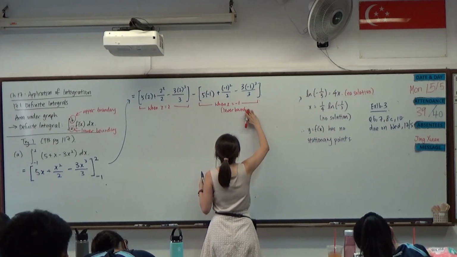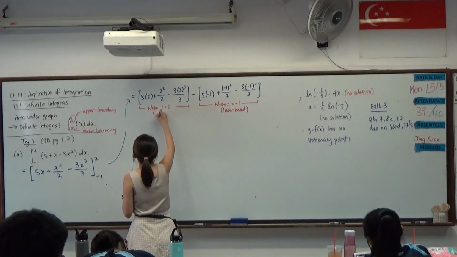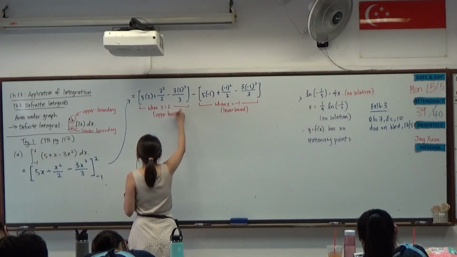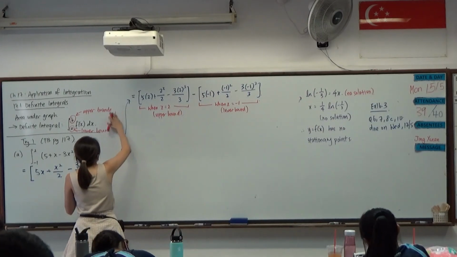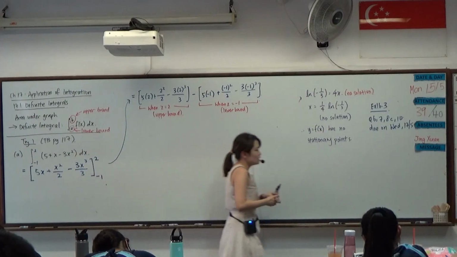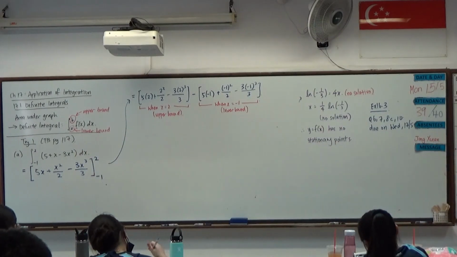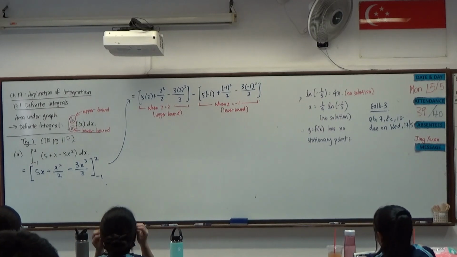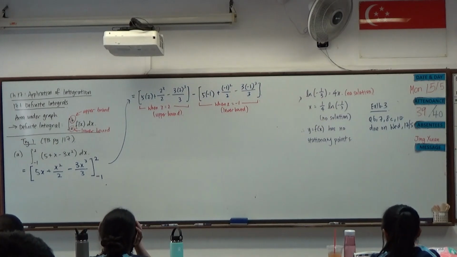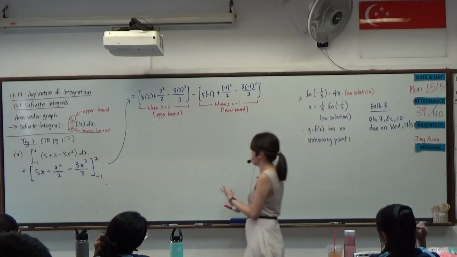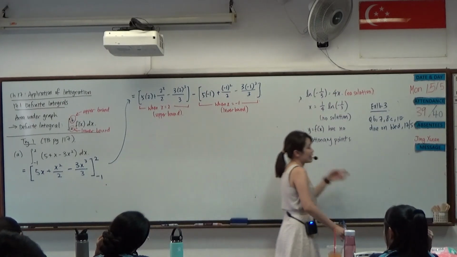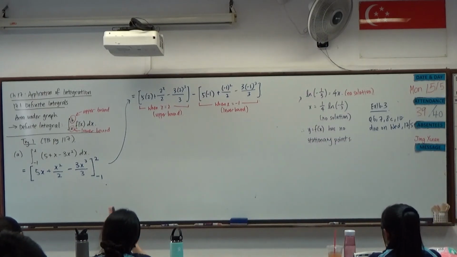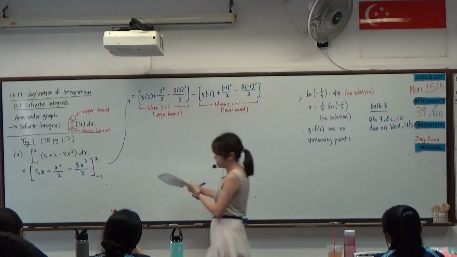Lower bound and upper bound. Sorry, I think the word is bound, not boundary. Then key in your calculator for this entire thing, and you will get 7.5.